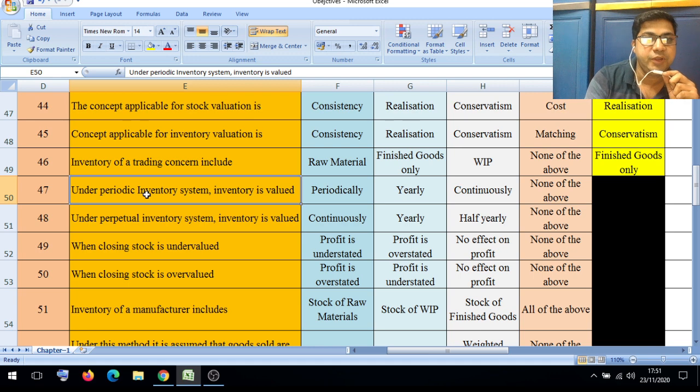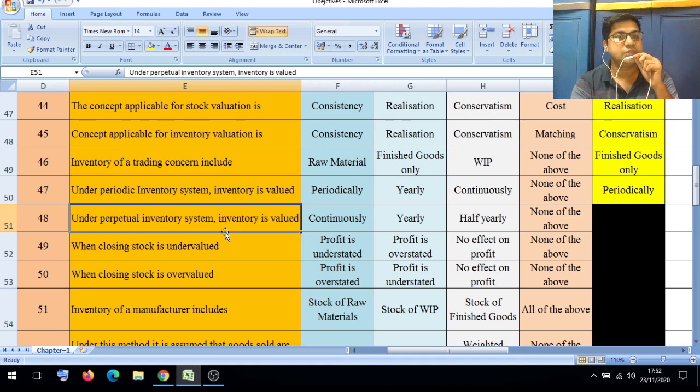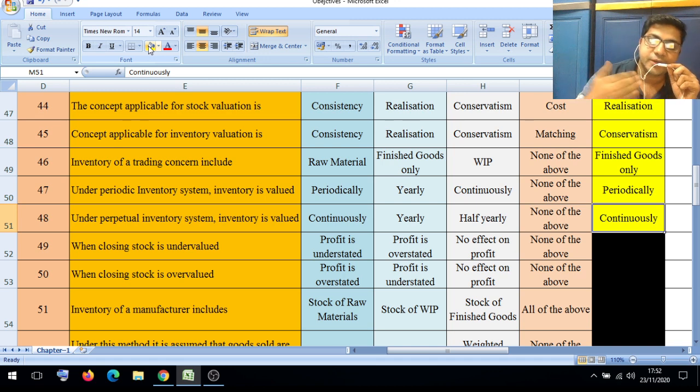Under periodical inventory system, inventory is valued periodically, yearly, continuously, none of the above. Answer is periodically. Under perpetual inventory system, inventory is valued continuously, yearly, half yearly, none of the above. Answer is continuously. It is permanent.